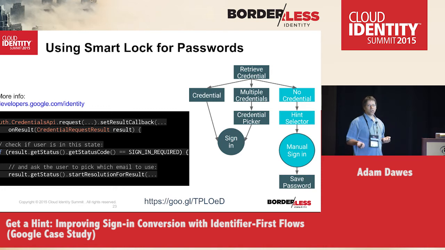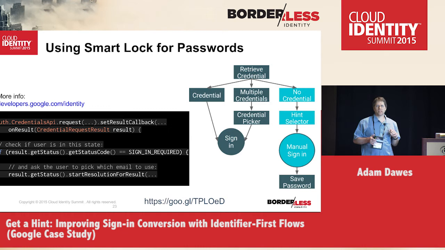So you simply call the Smart Lock API, and one of three things can happen. Either a credential gets returned because in a previous session, the user has saved their username and password into Smart Lock for Passwords, either on Chrome or on Android. And if you get that credential back, you're on the happy path, and you just log the user in, and they never had to touch anything, which is fantastic.